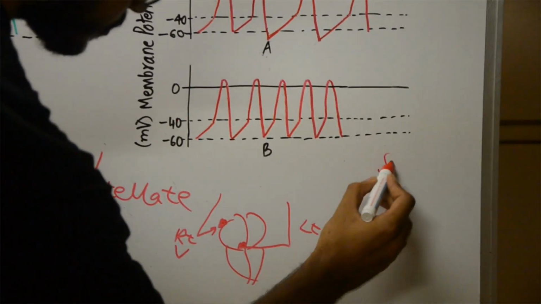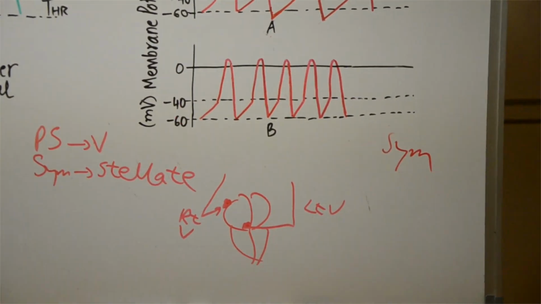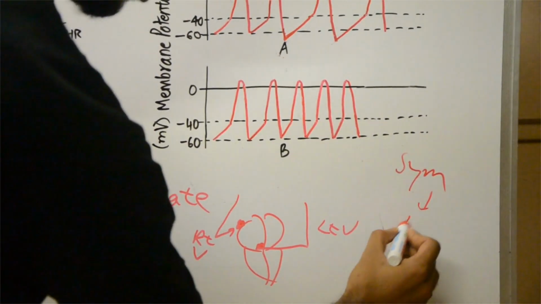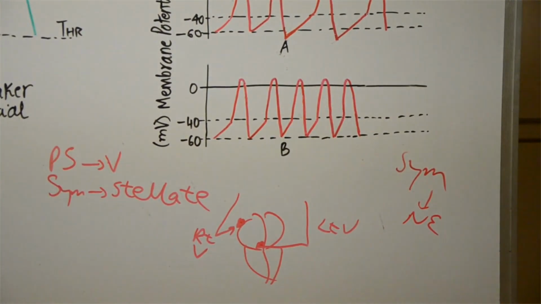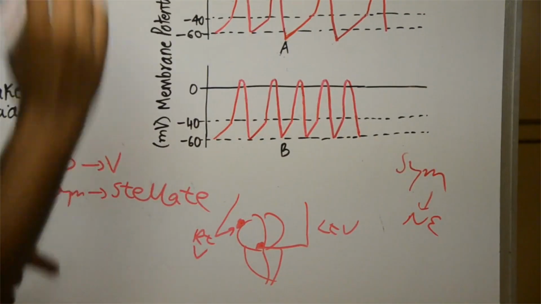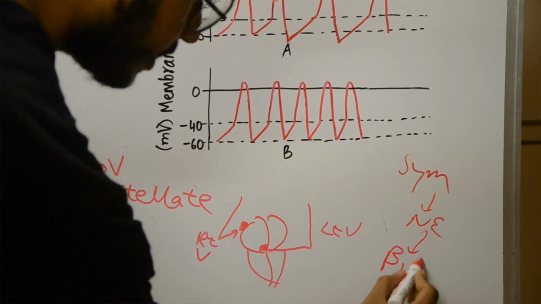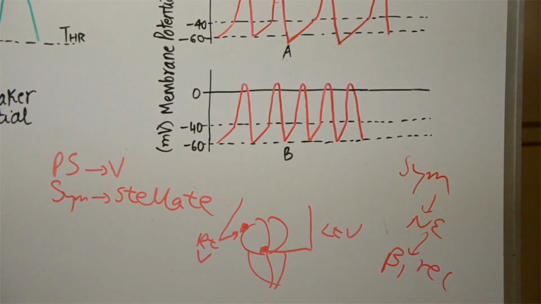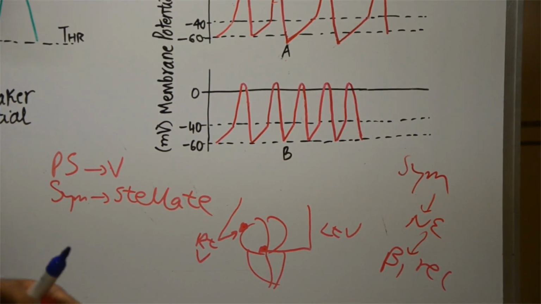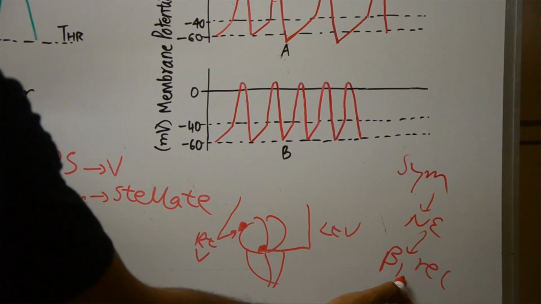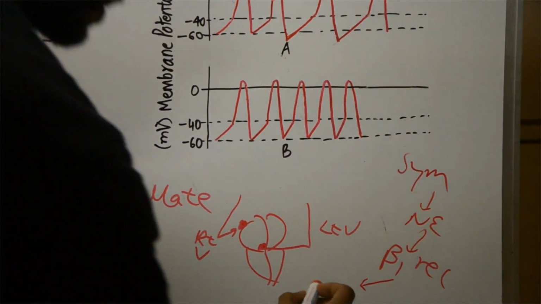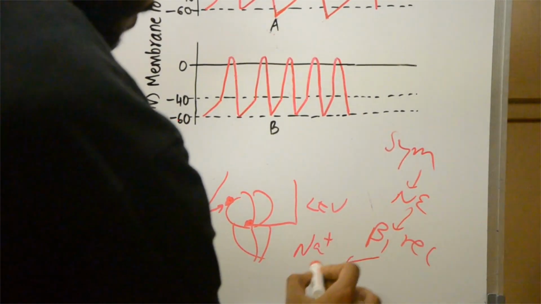Now how does this occur? Sympathetics basically release norepinephrine and epinephrine, but majorly norepinephrine. This norepinephrine acts on beta 1 receptors in the heart, and activation of beta 1 receptors leads to increased permeability of sodium and calcium.